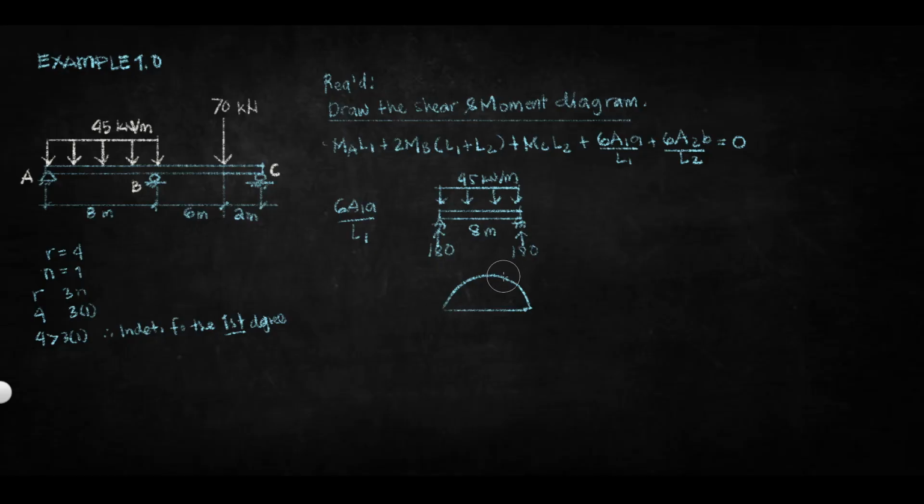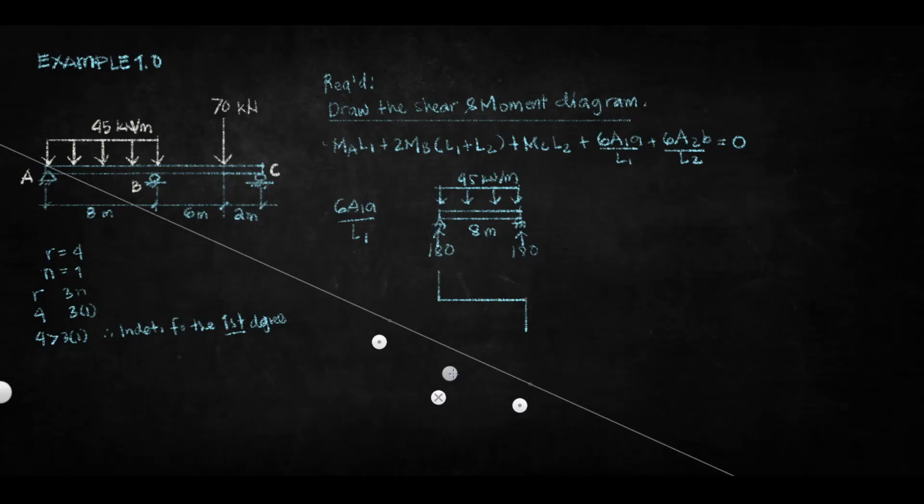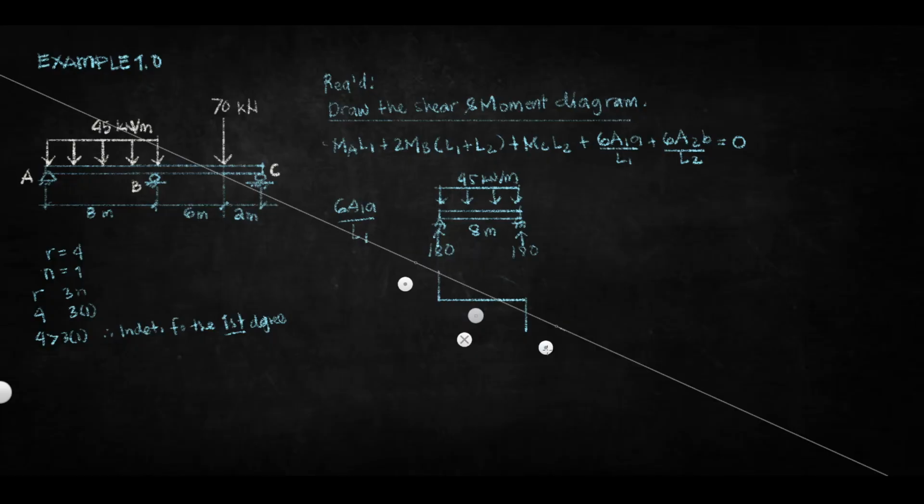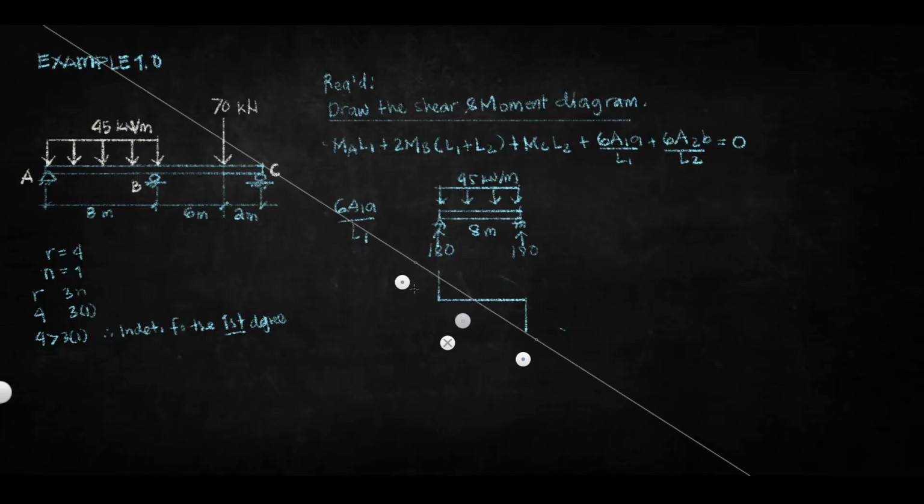Okay, so, sige, i-draw ko muna yung shear diagram para hindi po kayo malito. Para alam nyo kung ano yung maximum moment. Pero I suggest po na you need to already familiarize yourself in how to get the moment diagram even without drawing the shear diagram.